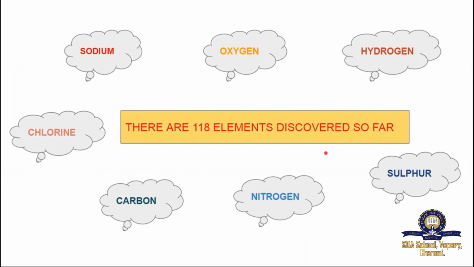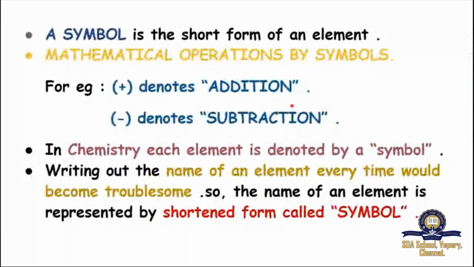There are 118 elements discovered so far. All have big names, so using them again and again and writing them out becomes really difficult. For these names, we use a short form known as a symbol.